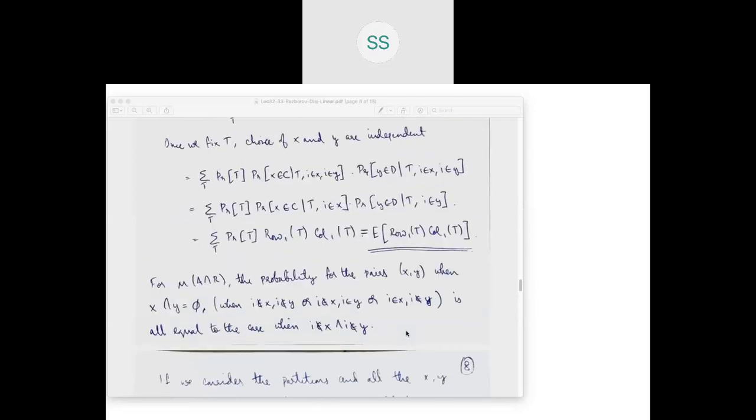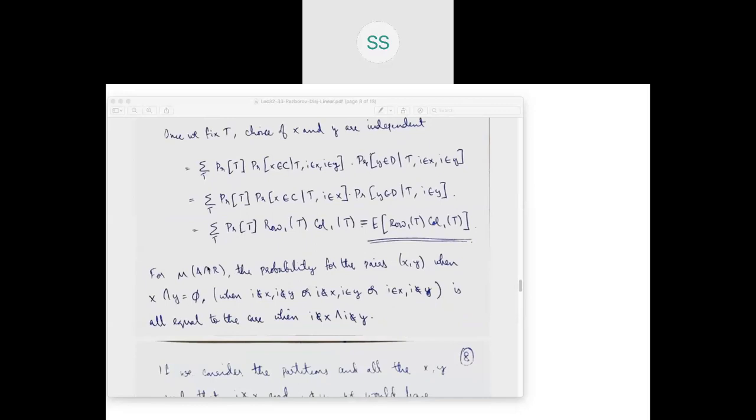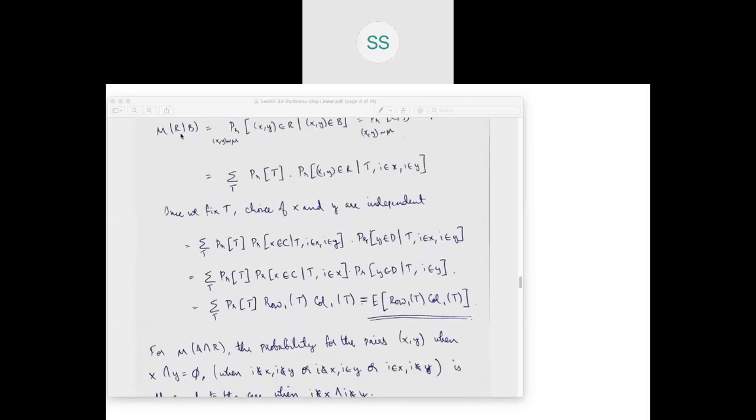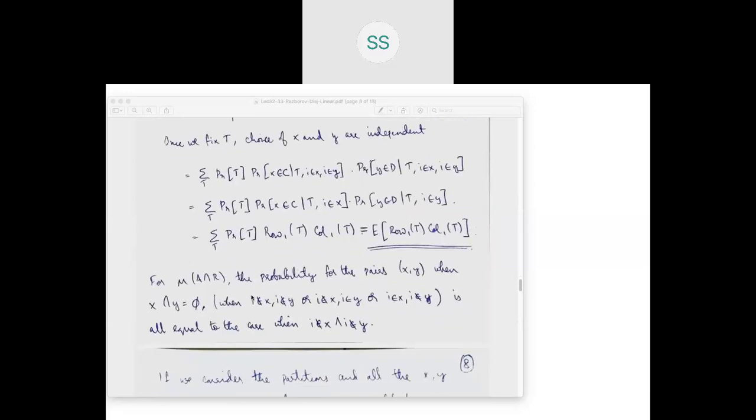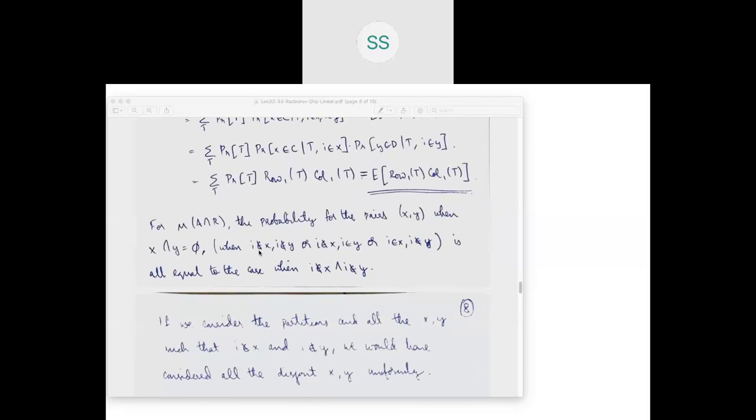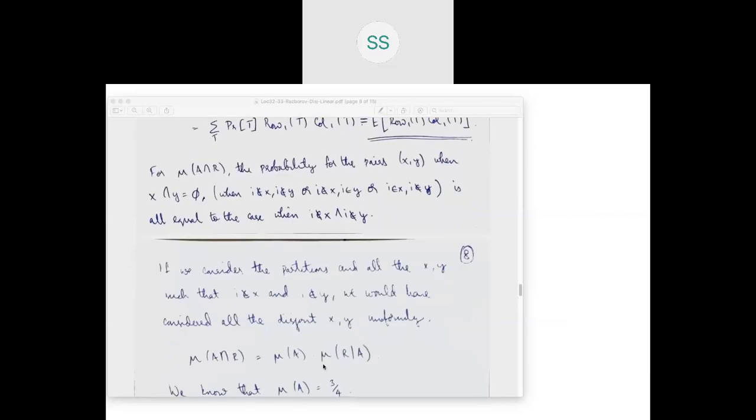So for mu of A intersection R, we will likewise compute mu of R given A. For R given B, we wanted intersecting input, so we had the condition that I is in both X and Y. Here we may think that we want to write the three conditions: I is not in X, I is not in Y, or I is in X but not in Y, or I is in Y but not in X. But the point is that we can restrict ourselves to the cases where I is in neither X nor Y, and we will still be considering all the disjoint X and Y uniformly. That's the key insight that is needed here.